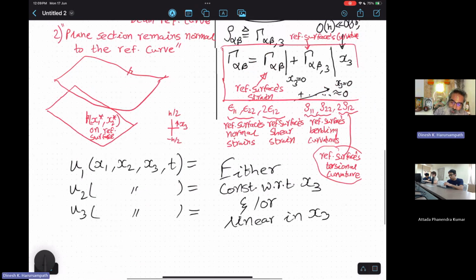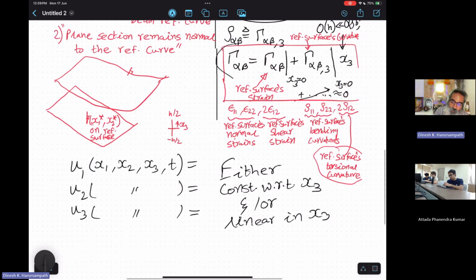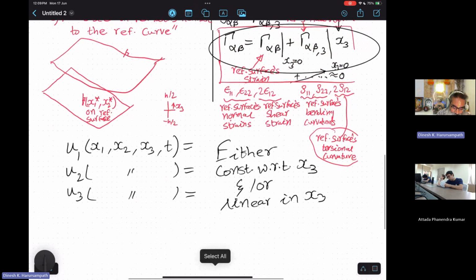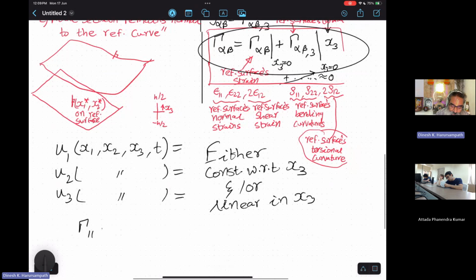Which, as you see, is actually equivalent to what is being done over here, because the strain is a derivative of the displacement field. Here, Kirchhoff and Love assumed that the strain is linear in x3. So if you assume how the displacement field behaves with respect to x3, the derivatives of u are what we get as gamma. Remember, for example, if you want gamma 1 1, we know that its linear part is just u1 comma 1, right?